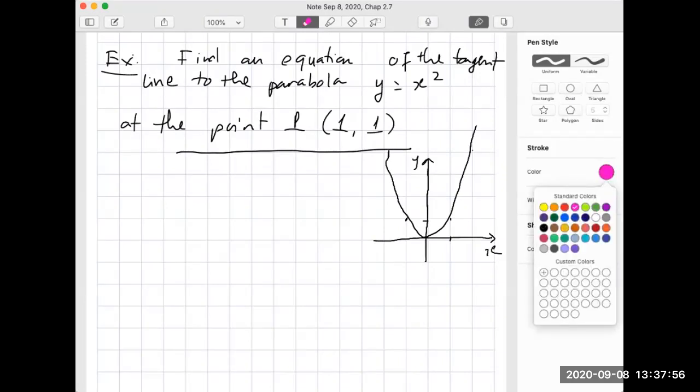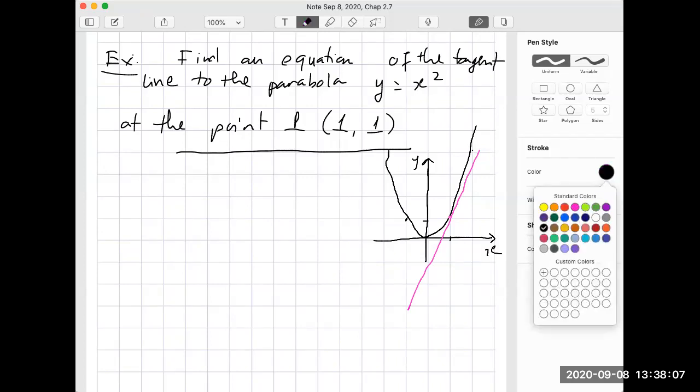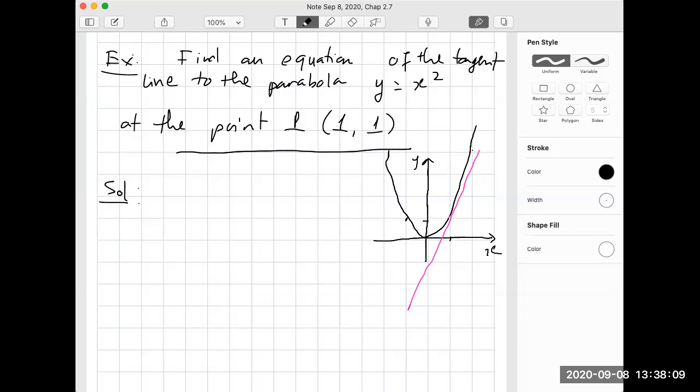And they ask us to find the slope at this point, which is this line. We see that in this specific case, a is equal to 1, and f of a is f of 1, which is 1 squared.